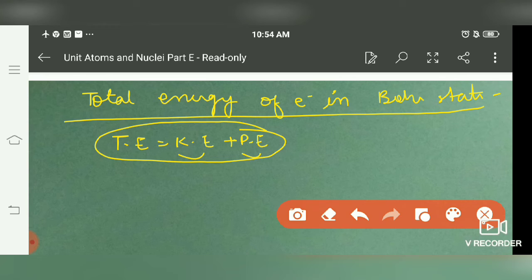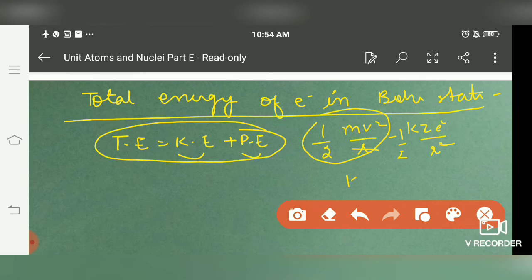Kinetic energy: from the relation mv² upon r equals kZe² upon r², if I multiply both sides with r, this r gets cancelled. This is the kinetic energy.